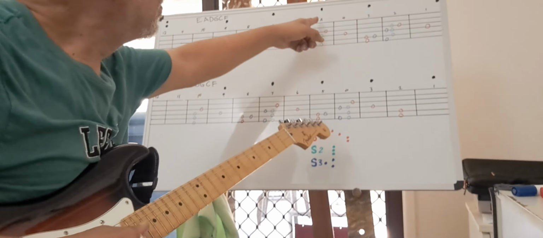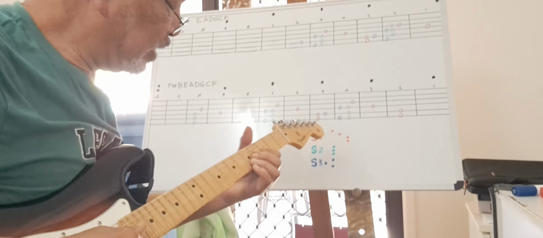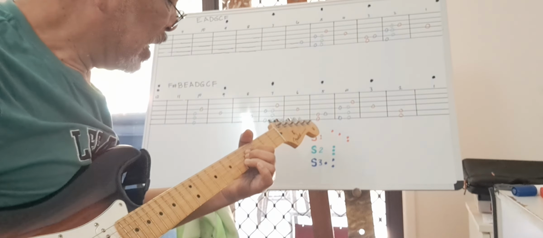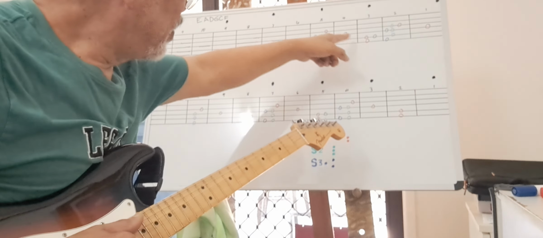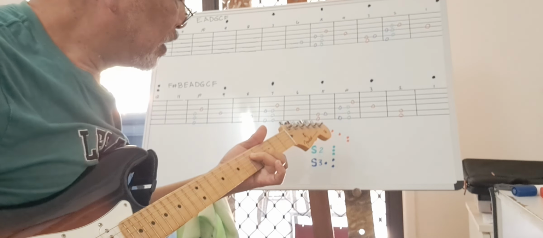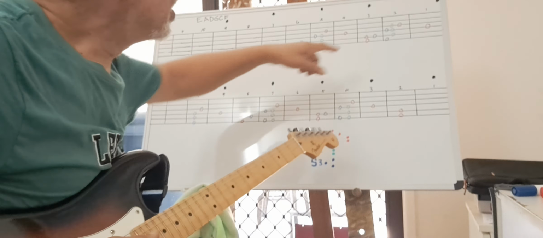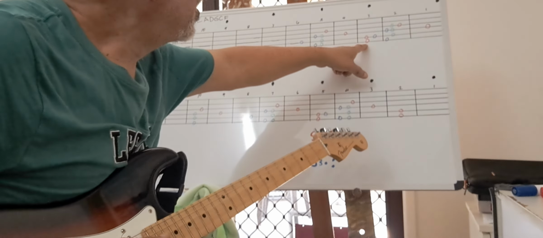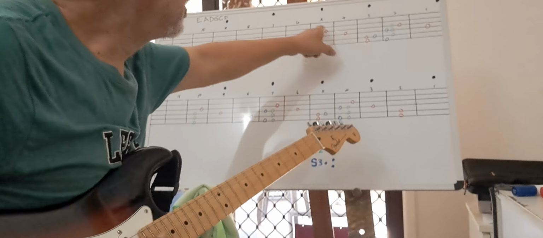Green color on your fifth fret is C, and that one is your G. Your G starts from here on the third fret, and then up there.